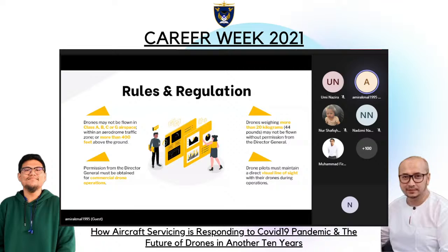The 20 kg drone is for heavy duty, such as the DJI Agras, which is for carrying kilograms of fertilizer. If it is a personal drone, like a DJI Air, actually we don't have to get the permit yet.